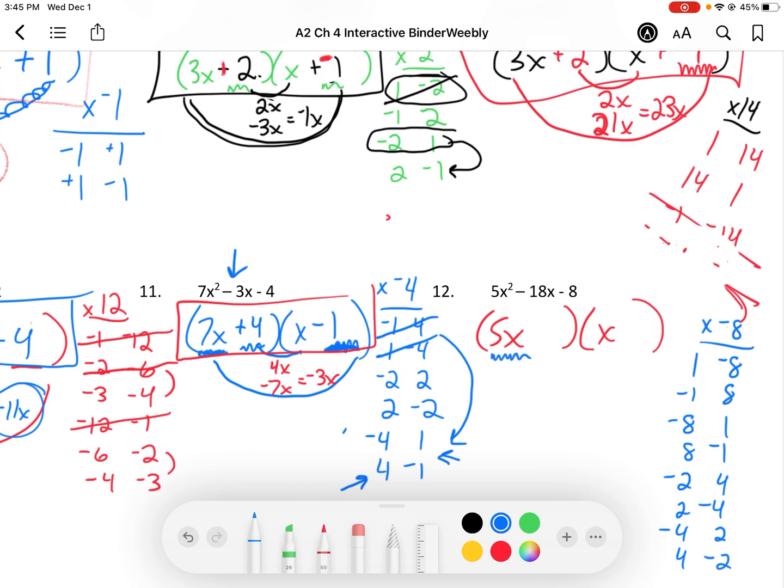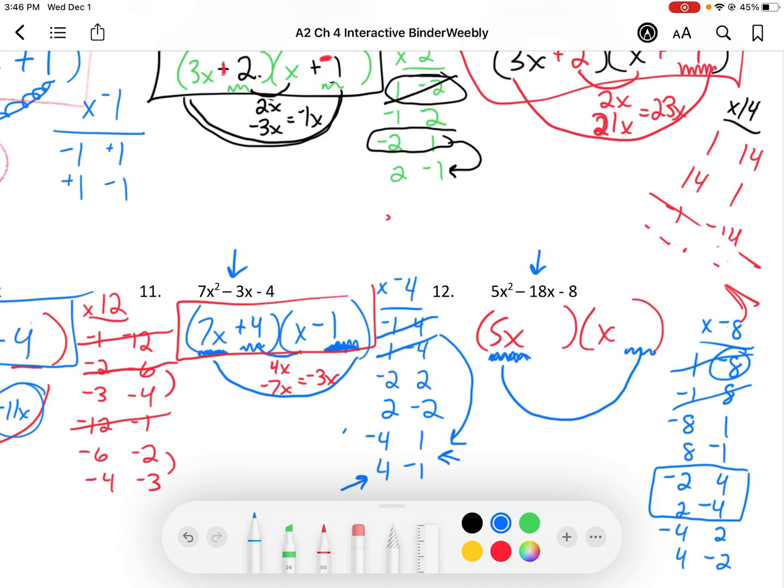Remember, one of these numbers is going to get partnered with a 5. And the negative needs to win out by quite a bit. So I think a negative number needs to go with this 5 because that's going to make the negatives win out. Now, if I put my -8 here, that gives me -40, which is way huge. So I'm not liking that, and I know these aren't right.